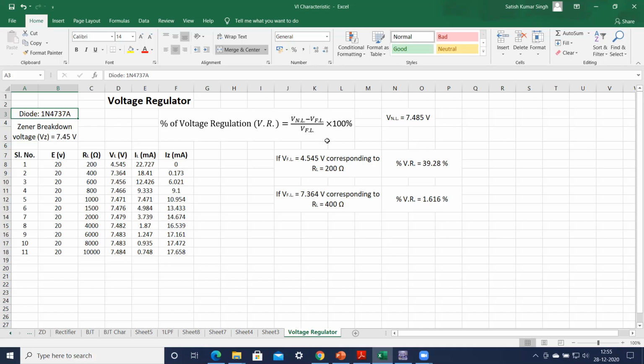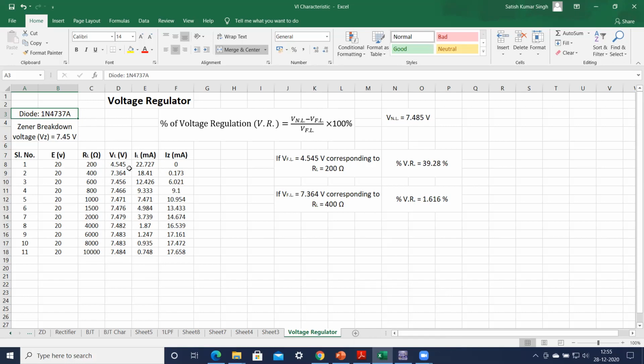First of all, try to understand what the no load condition and the full load condition are. If you see this particular table, when the load resistance was minimum, the load is drawing the maximum current.